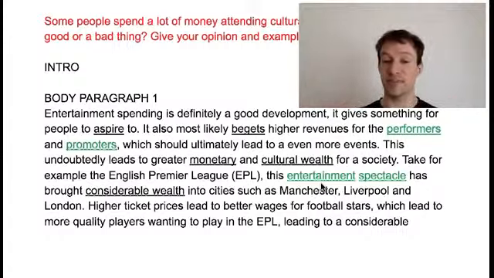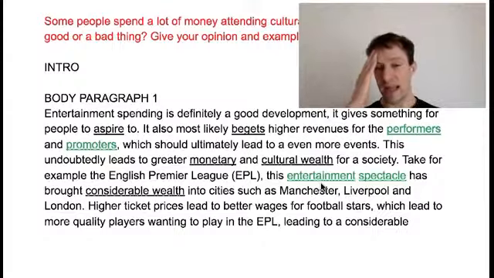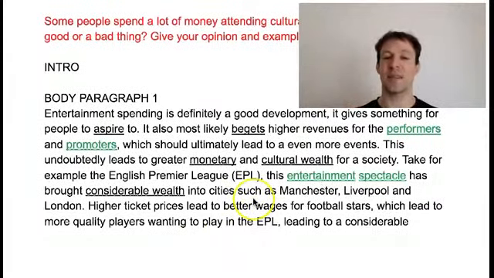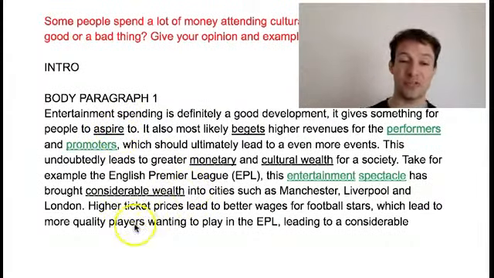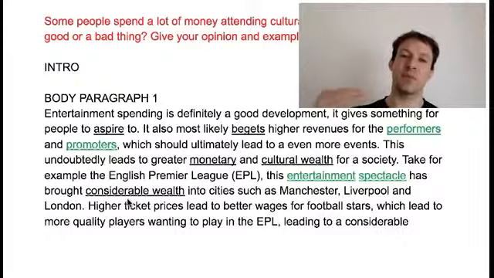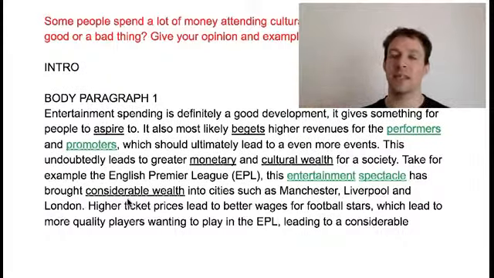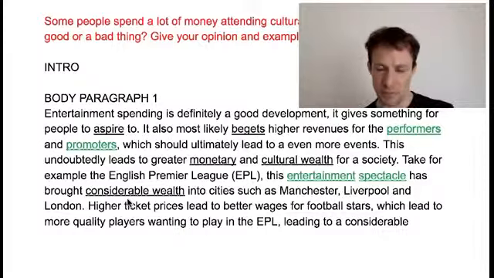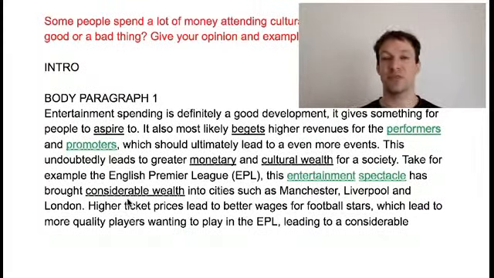So we've got entertainment, spectacle, performers, promoters, and also you'll see that there's lots of other words underlined in this paragraph. Beget, aspire to, cultural wealth, monetary, considerable wealth. Can you see these are slightly more advanced vocabulary that you're not going to find on the street, especially not in spoken English.